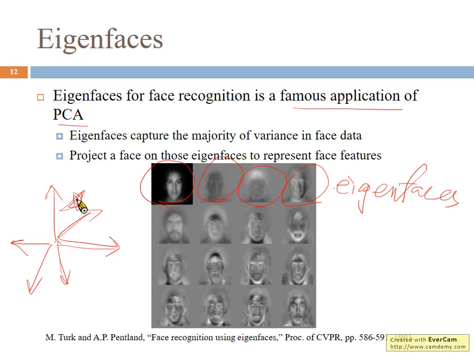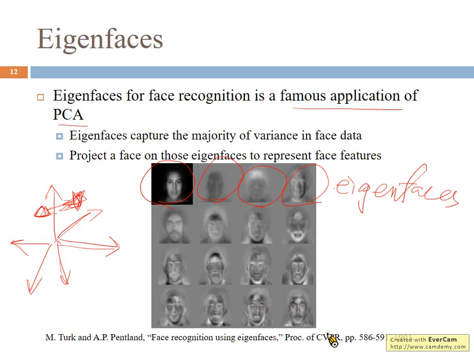That is easy, because we can project this face image into the low dimensional space and represent it as a vector. We can also project the other face into the low dimensional space and represent it as a vector. Then we can compare them by calculating maybe the Euclidean distance between them. So this is the main idea of eigenface.